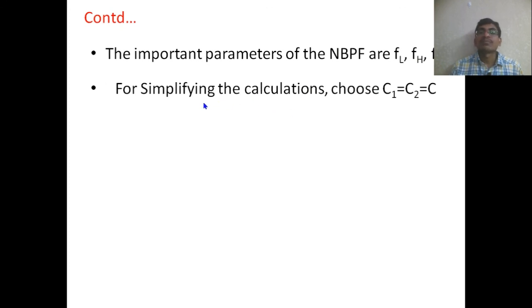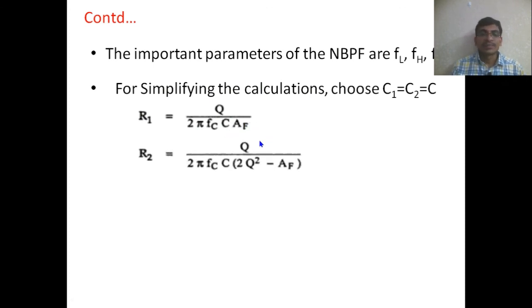For simplifying calculations, we choose C1 equal to C2 equal to C. Therefore, the R1 resistor can be given as Q divided by 2 pi FC C into AF, and the value of R2 is given as Q divided by 2 pi FC C into (2Q square minus AF).